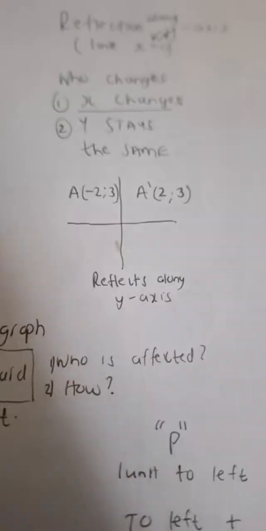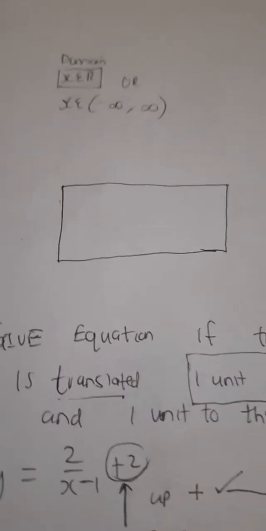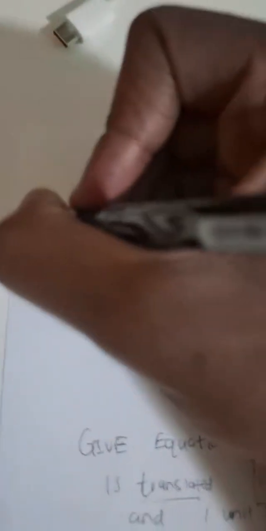Okay, in the same vein, guys, if we're able to write coordinates, we should be able to write the function. So remember the function that I had. What if they said, what is the new function h of x if f of x is reflected along the y-axis?